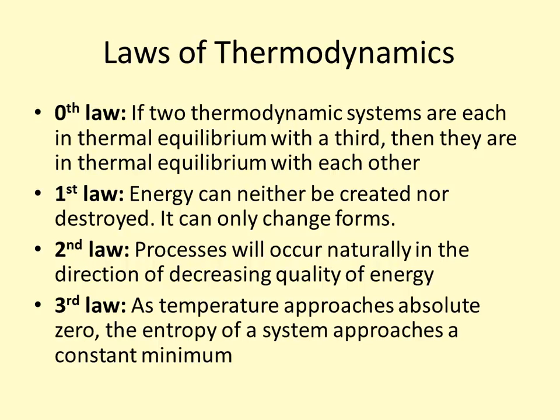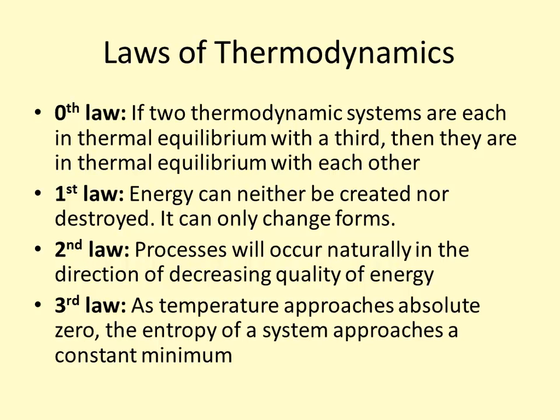Okay, so this is how we can use mercury or alcohol within a thermometer to measure the temperature change. So if the mercury is in thermal equilibrium with the glass, and the glass is in thermal equilibrium with whatever substance it's in. The first law is conservation of energy. This is the basis for all of the energy analysis that we did throughout the semester.